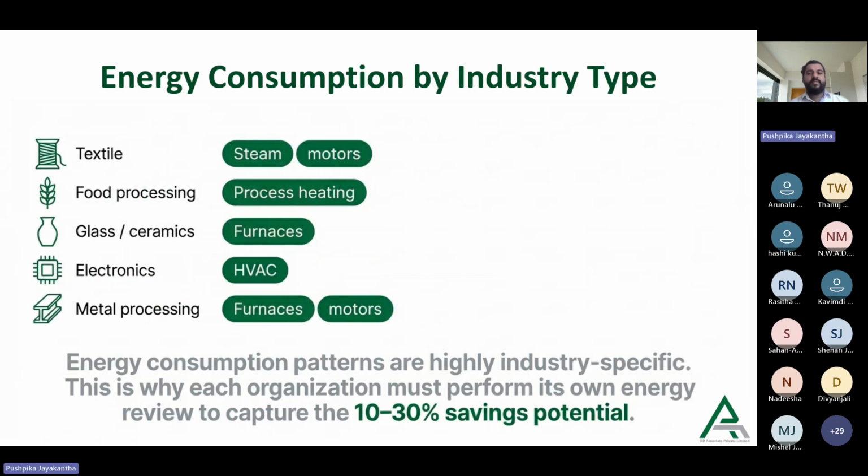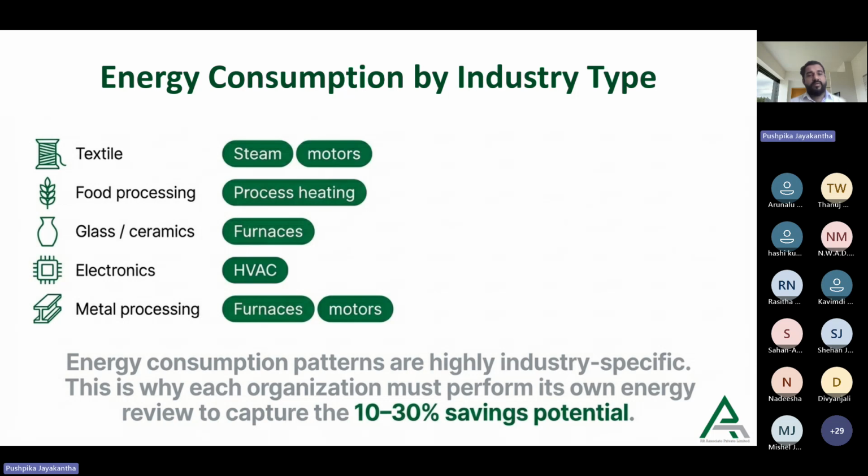So this energy consumption profile varies significantly across industries. In textile industries, the steam and motors are typically dominant energy users. In food processing industries, thermal processes such as baking or drying may dominate. Sometimes the cold chain operations are dominant.